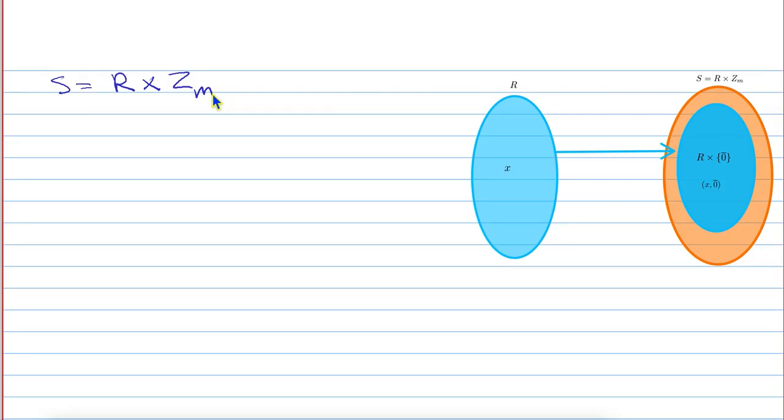But the proof is very similar to the proof we have done for R cross Z.